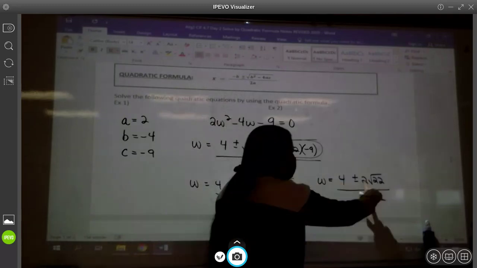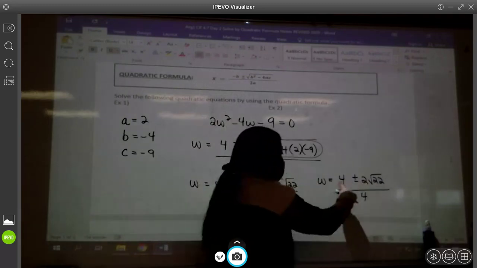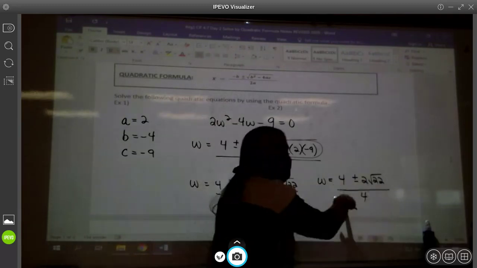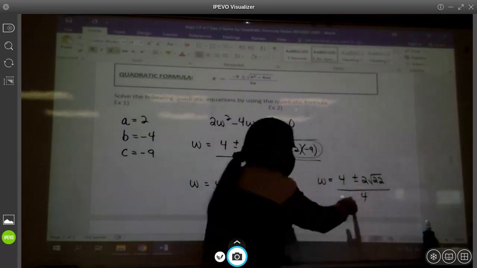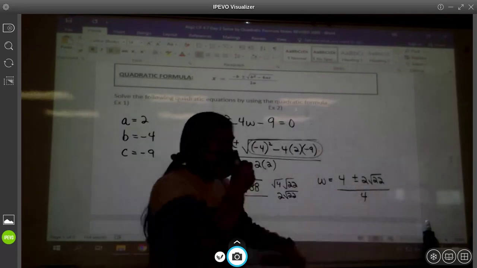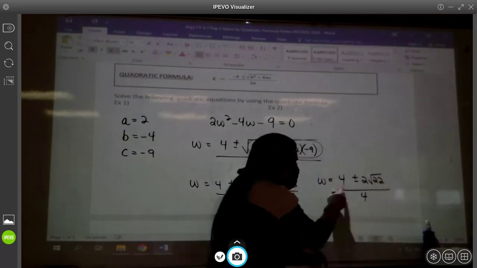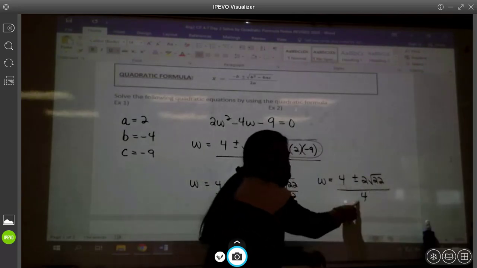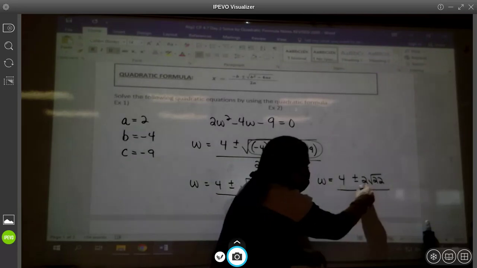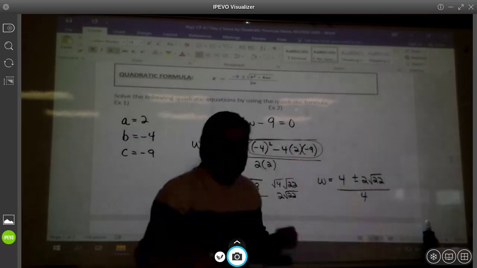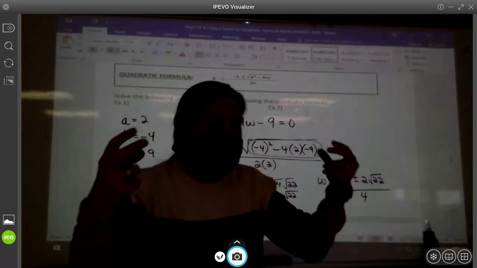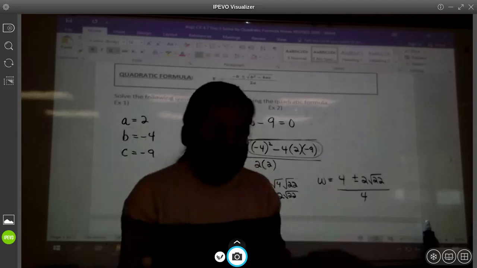Yesterday, we were not able to add this because this plus that is a really ugly decimal. And then nothing on top actually divided by the denominator yesterday. But guys, if you look, all of this is being divided by 4, right? This number can be divided by 4. This number in front of that square root can be reduced with 4. So now we definitely have division that we're going to be able to simplify.